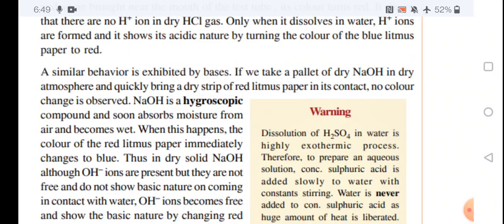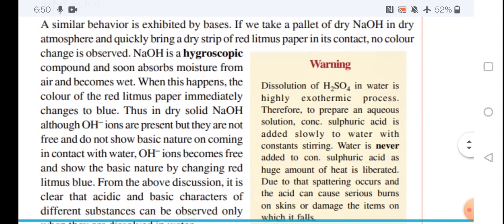A similar behavior is exhibited by bases. If we take a pellet of dry NaOH in a dry atmosphere and quickly bring a dry strip of red litmus paper in contact with it, no color change is observed. NaOH is a hygroscopic compound and soon absorbs moisture from the air and becomes wet. When this happens, the color of the red litmus paper immediately changes to blue.